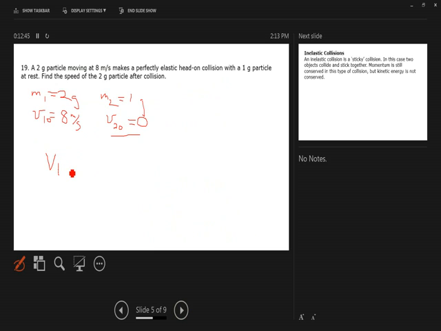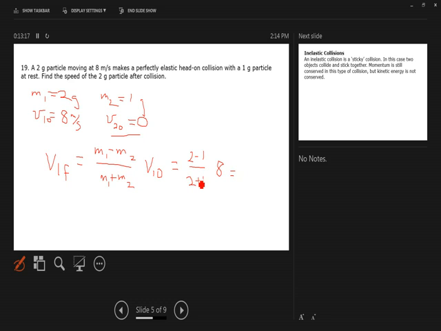V1F, the speed of V1, is the difference between the two masses over the sum of the two masses times the original velocity. Well, that's going to be 2 minus 1 over 2 plus 1 times 8.